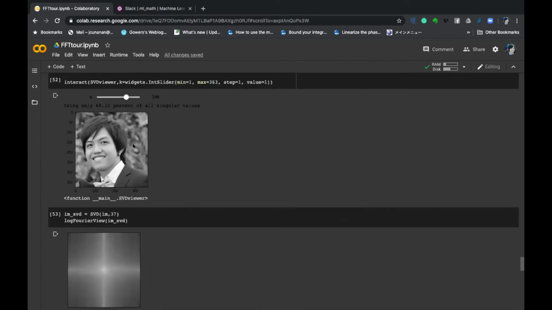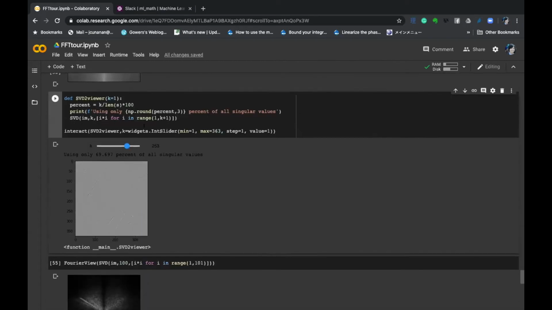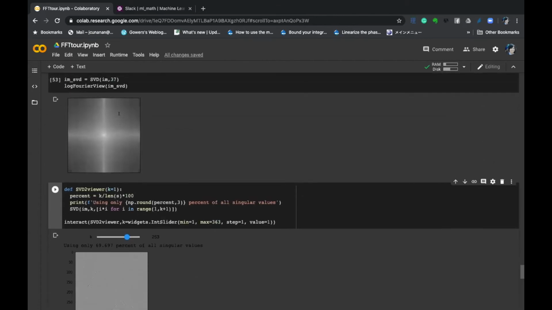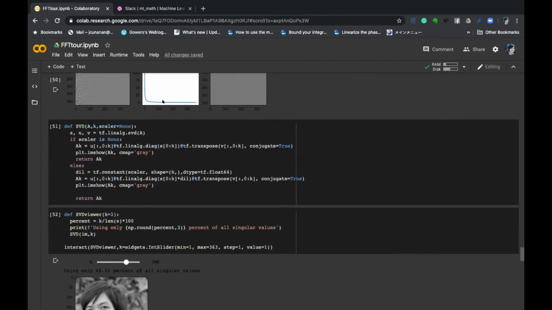What I did here is to increase the value, rescale the singular values based on their location. So singular values which are around 100 will be multiplied by 100 squared.